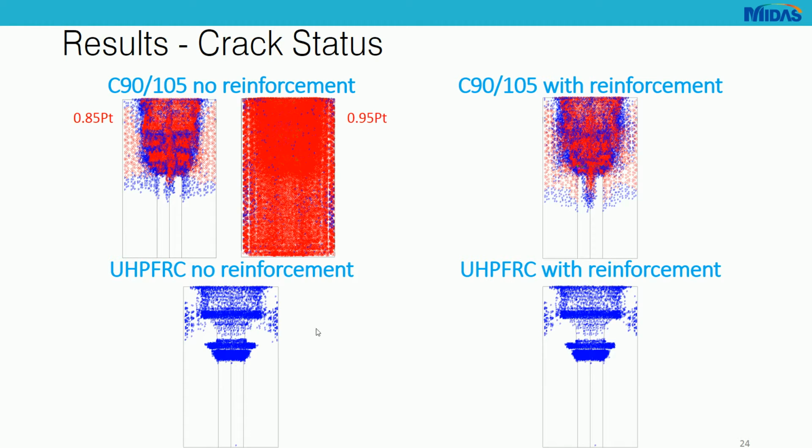Whereas with ultra high performance concrete at the full load, the two solutions behave fairly similarly. There is just a slight improvement in some areas when it comes to crack distribution, but all the cracks are still partially open.